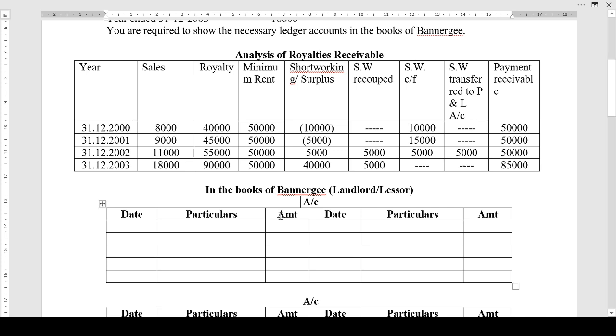So which will be the first account? Royalties receivable account. Yesterday it was just royalties. Just to make a difference, it's royalties receivable because we are in the books of the landlord. The landlord is receiving the royalties.